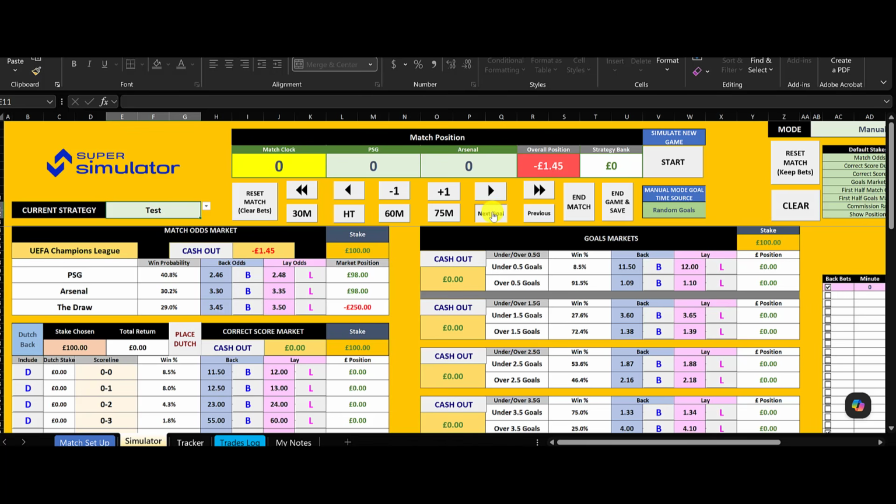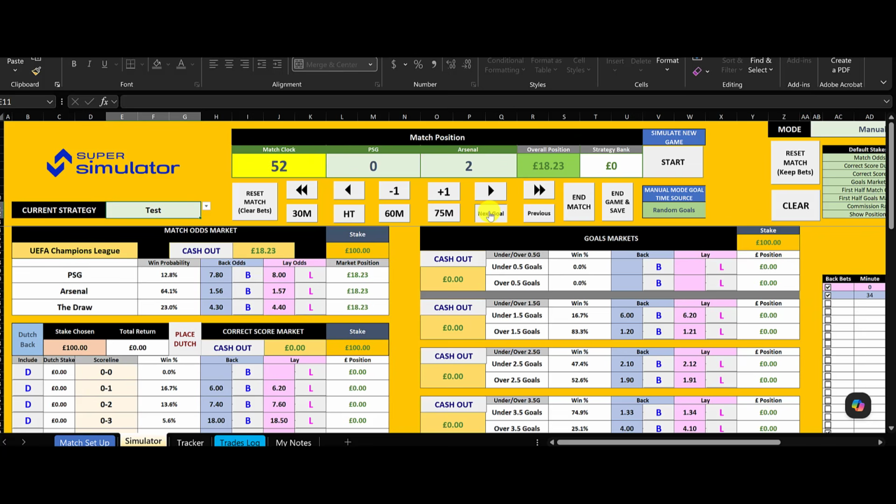We're just going to go straight to the next goal. We're not going to mess around. So this one's different, okay? This one, we've got Arsenal taking the lead on 34 minutes. And if Arsenal take the lead, your cash out with Arsenal as the underdog is going to be a lower cash out of around £18. So we could just get that locked in, and let's see how this one plays out after this.